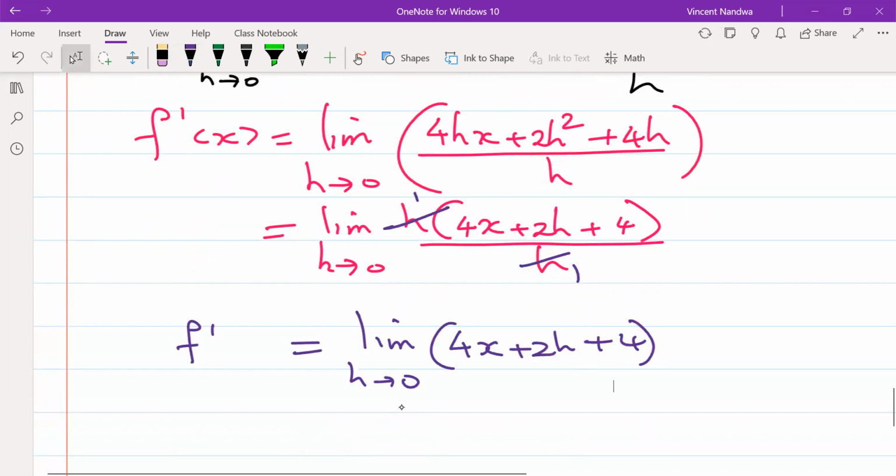Now, this is what you did in the previous sessions, how to find limits. So what will be the value of that limit? The limit of a sum is the same as?